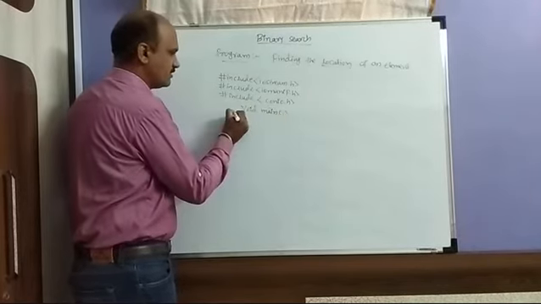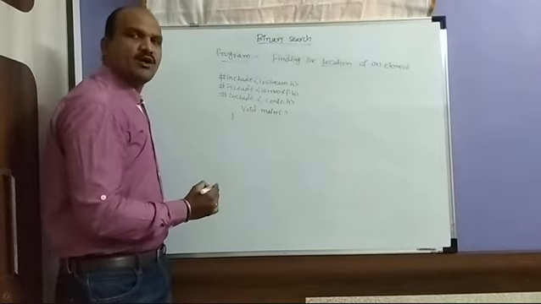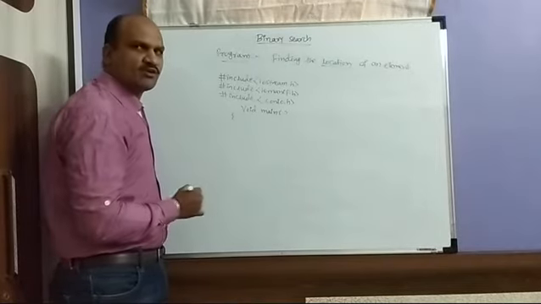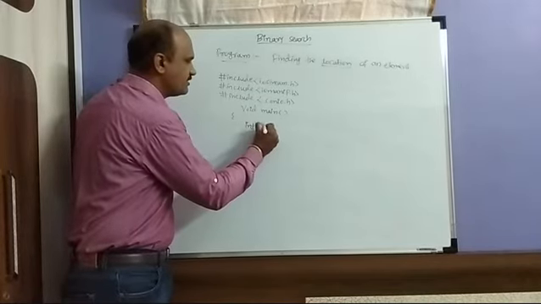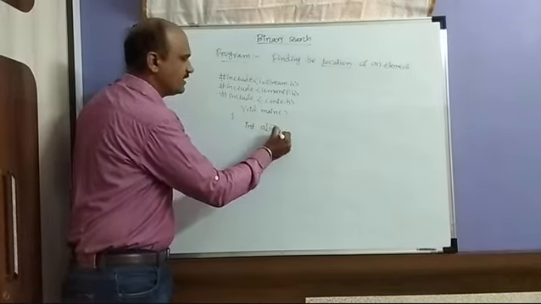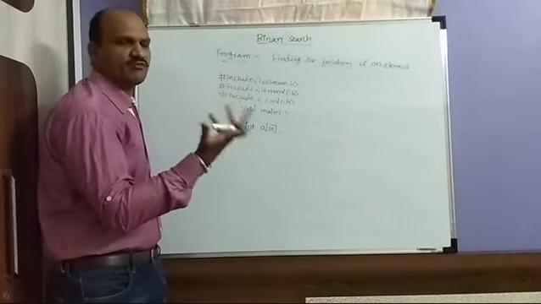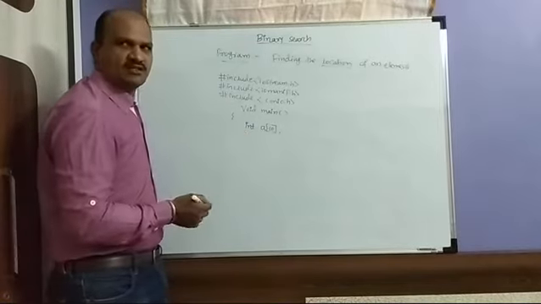In the main function you have to declare the variables. As we are talking about a one dimensional array, you have to specify the one dimensional array. int a of 10, I will take. Okay, you can take 10 or 50, that is the size of the array.